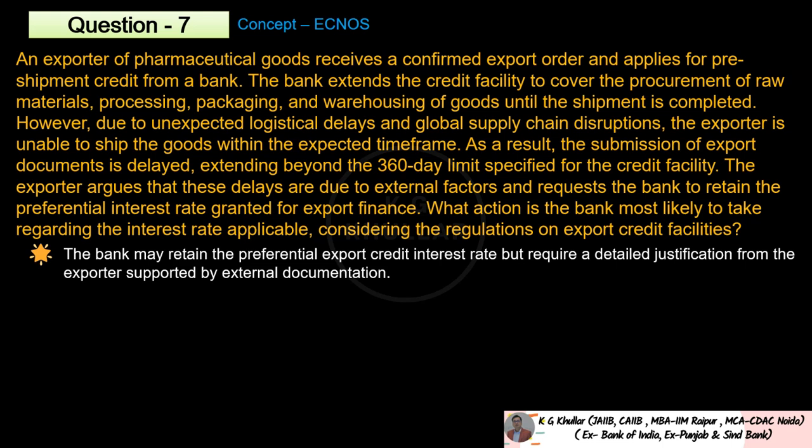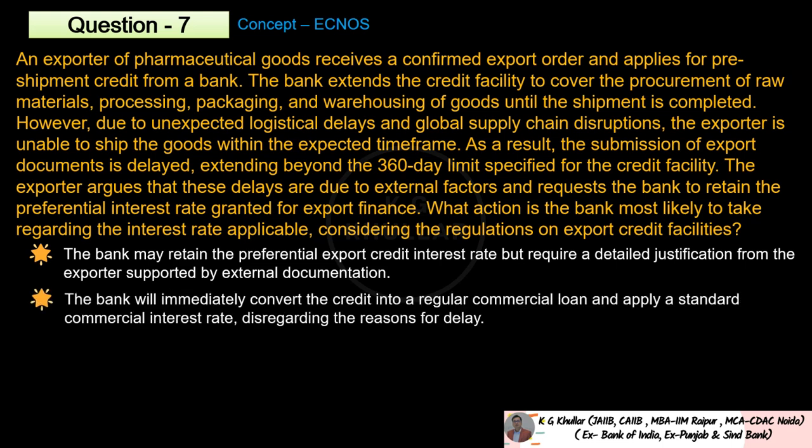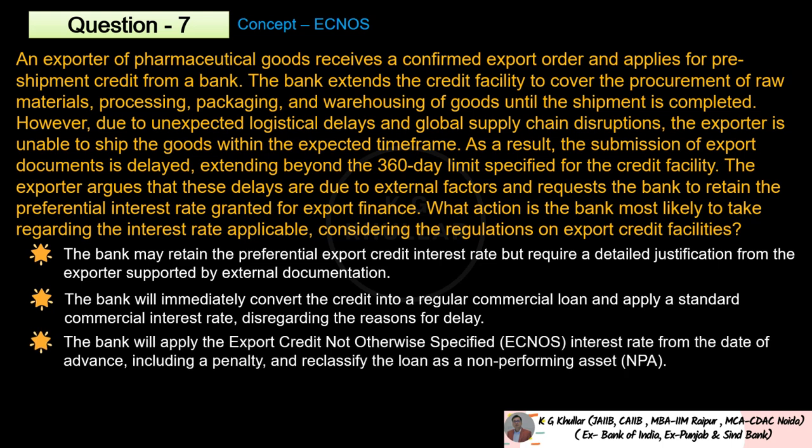And the options given are these. The first option is the bank may retain the preferential export credit interest rate but require a detailed justification from the exporter supported by external documentation. Then option B is the bank will immediately convert the credit into a regular commercial loan and apply a standard commercial interest rate, disregarding the reason for delay.